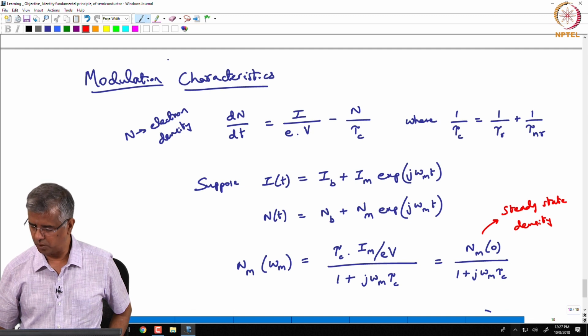So, what I want to know is what is called the modulation transfer function.